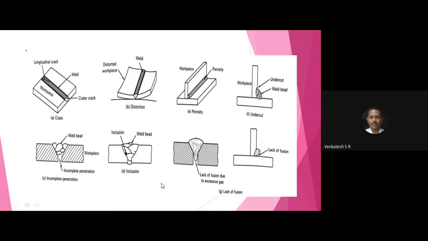Next, the lack of fusion in the top and the bottom portion of the workpiece. That may take place in the butt joint and T joint. There will be a lack of molten metal or lack of filler rod. Due to that, the complete filling of the joint does not take place, which leads to the defect called lack of fusion. So these are the 8 types of defects observed in a welded joint.